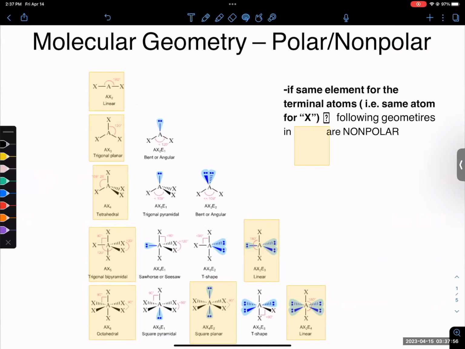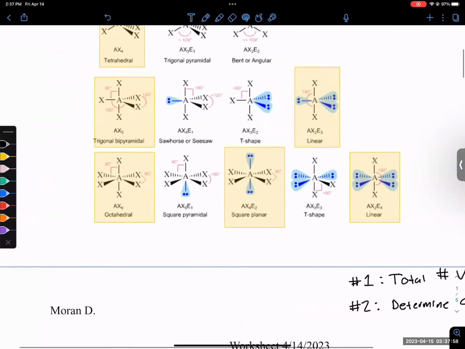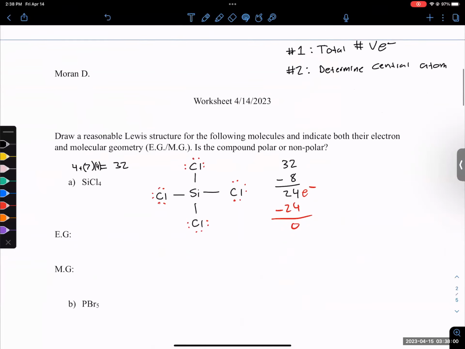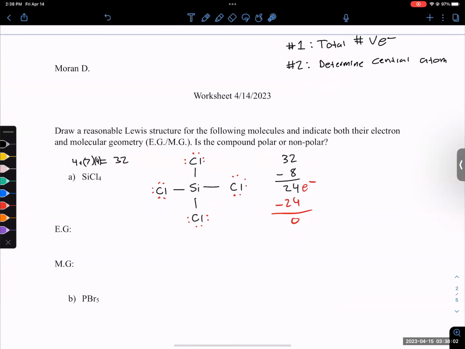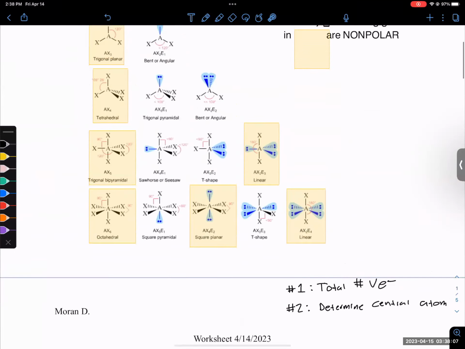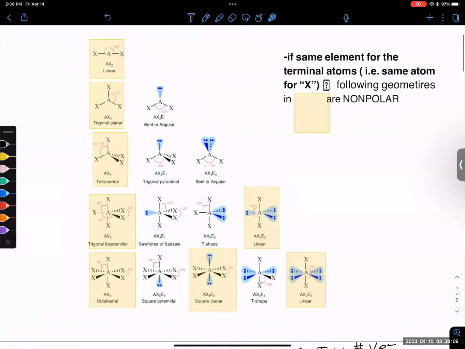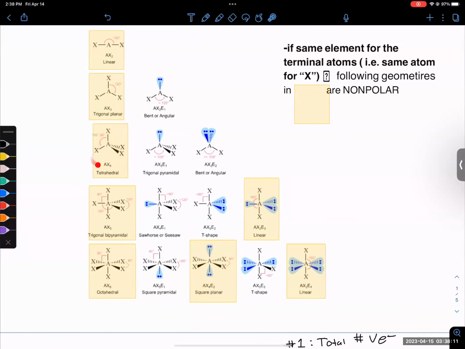Okay, so every time we have 4 terminal atoms around our central atom, so in this case, we have 4 chlorine atoms around silicon, it's going to fall in this category of electron geometry. All of these are your electron geometries, okay? Everything to the right of them is a molecular geometry, but it's important to note that your molecular geometry can also be the same as the electron geometry.